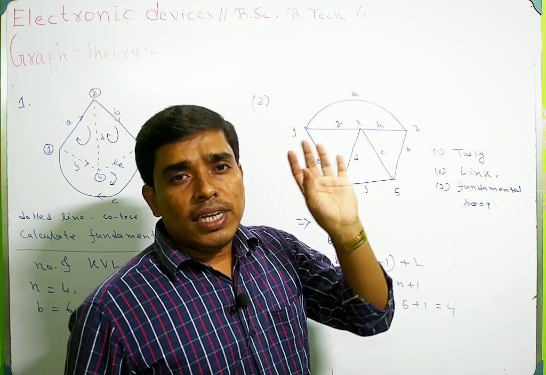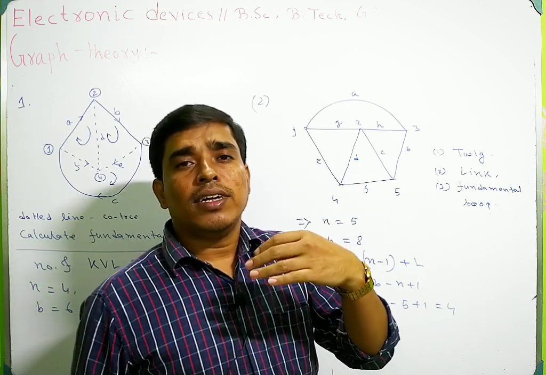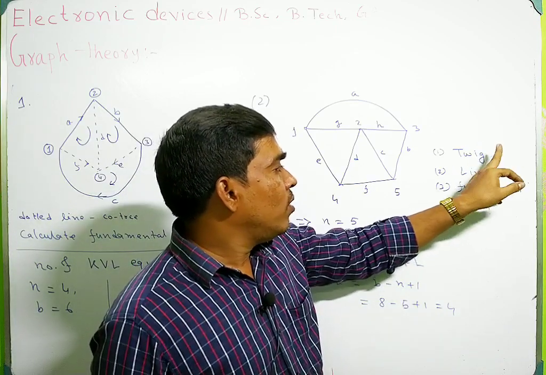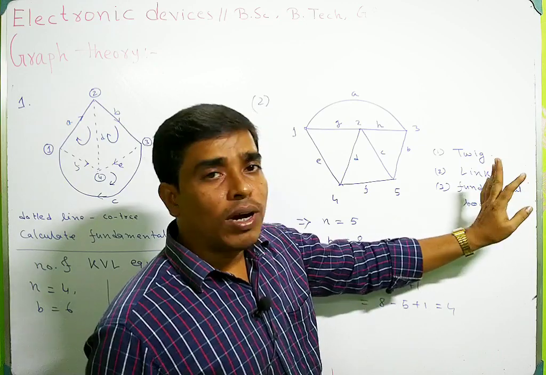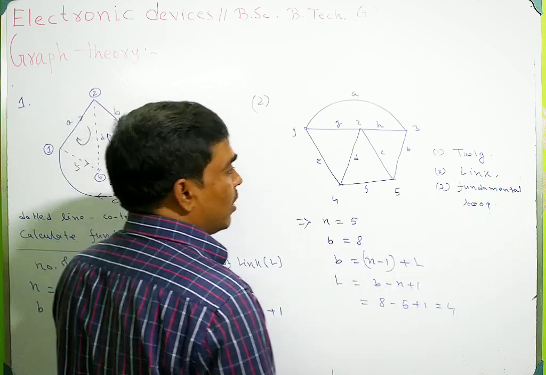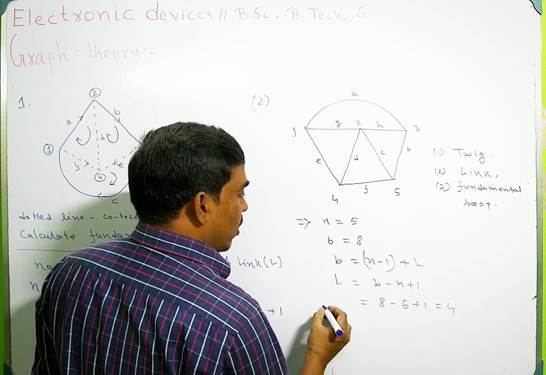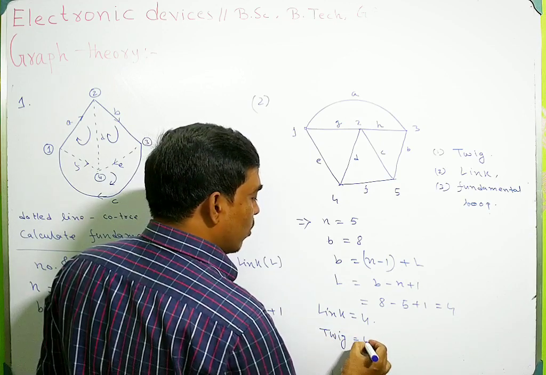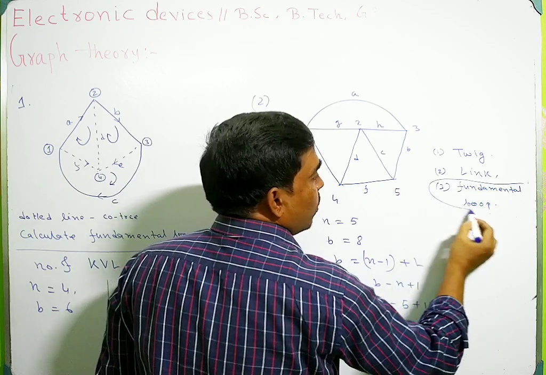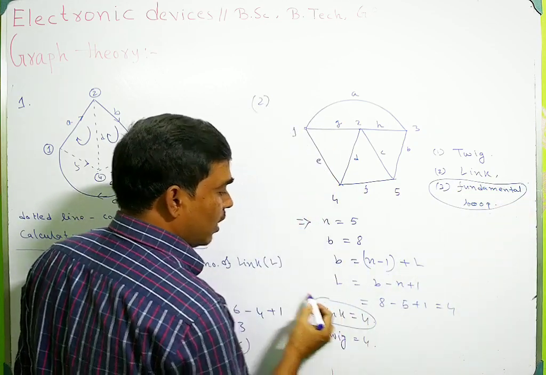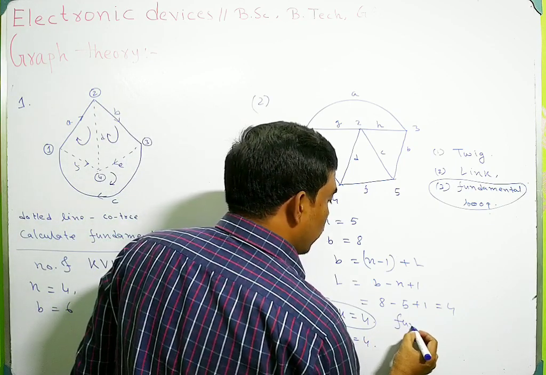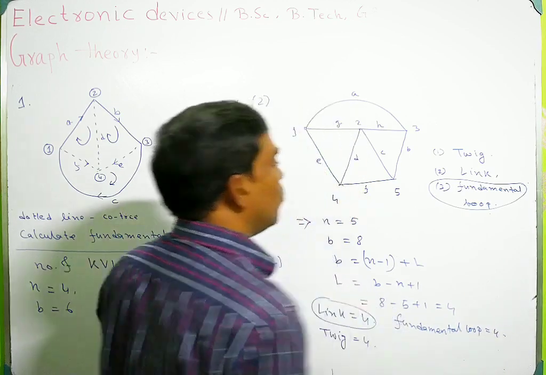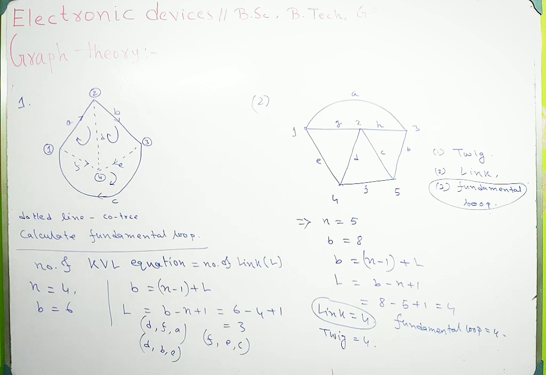So the links are 4, the twigs are 4, and the fundamental loops equal the number of links, so the fundamental loops must be 4. This is the number 2 problem.